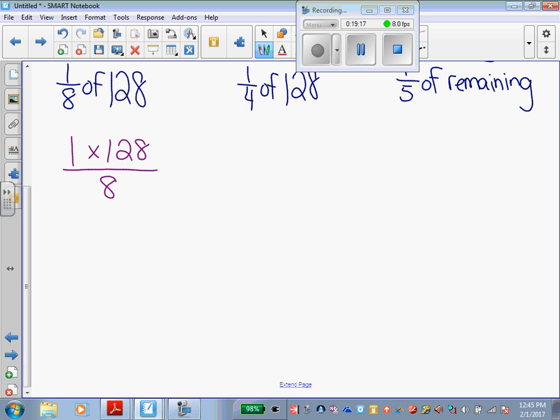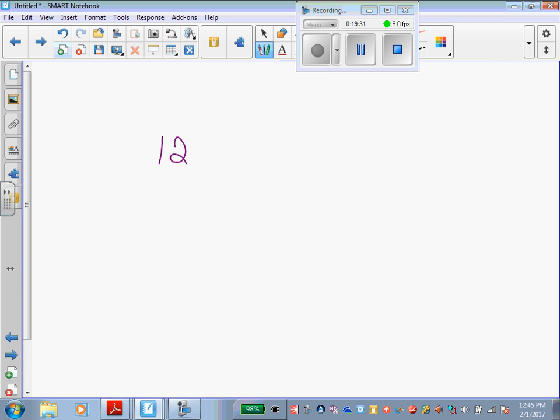Can 128 be divided evenly by 8? Yes. Okay, so let's take a look at it. If we have 128 divided by 8, can 8 go into 1? No. Can 8 go into 12? Yes. How many times? 1 times 8 is?